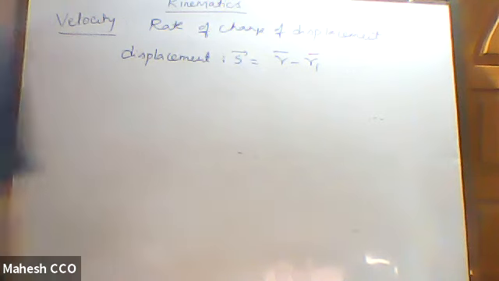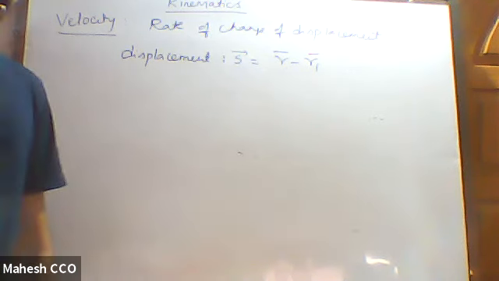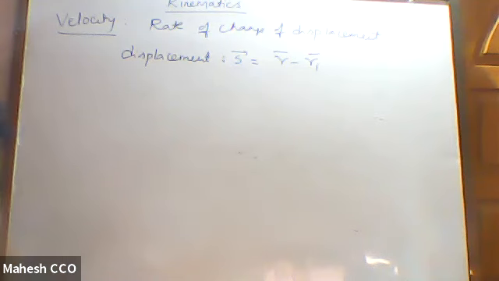So remember one thing, ri bar is the initial position vector. That means the position of the object at t equal to 0. That does not change with time. It is basically a vector at a particular instant of time. For example, initially at 10:30 you are in Guntur, then you are traveling. As you keep traveling, your position may keep changing.